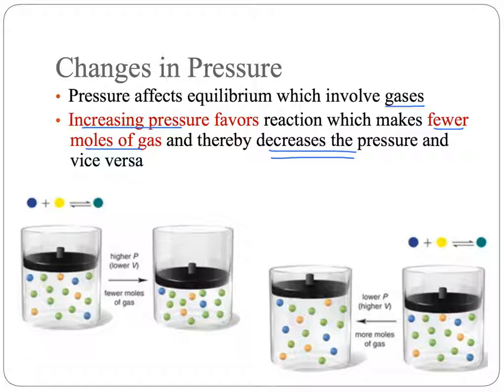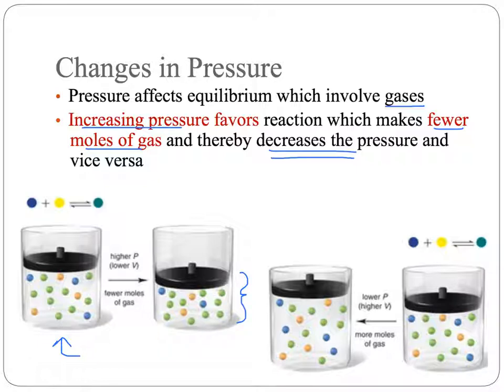So we have a little illustration down here where a certain amount of equilibrium has been reached, a certain amount of reactants and products. If you decrease the volume, you increase the pressure, and these molecules are being squashed together in order to make fewer molecules. The reaction that favors a fewer number of moles of gas would be the one that would predominate.